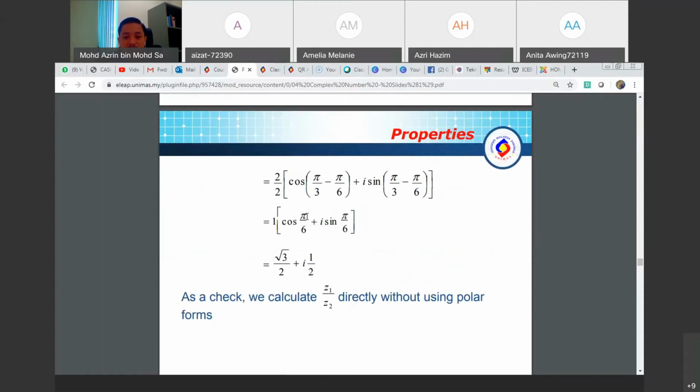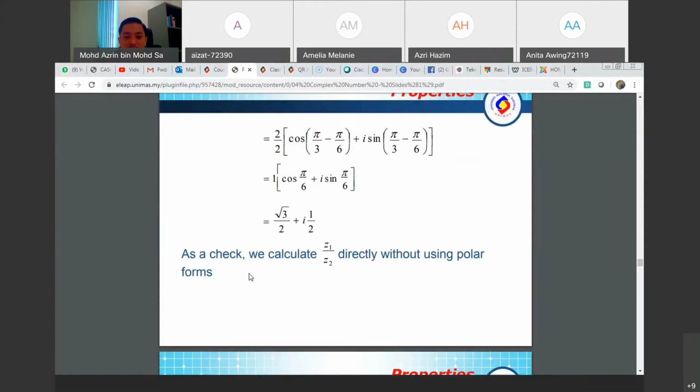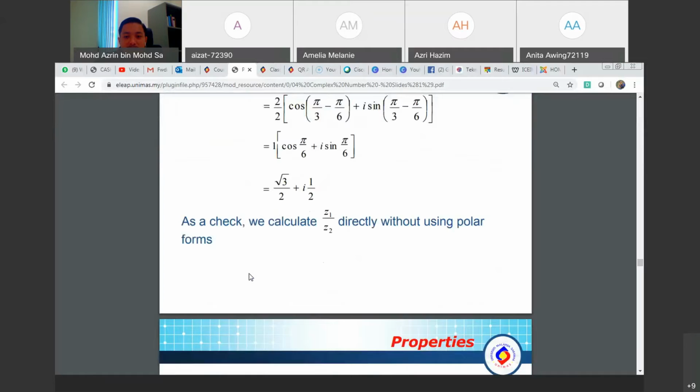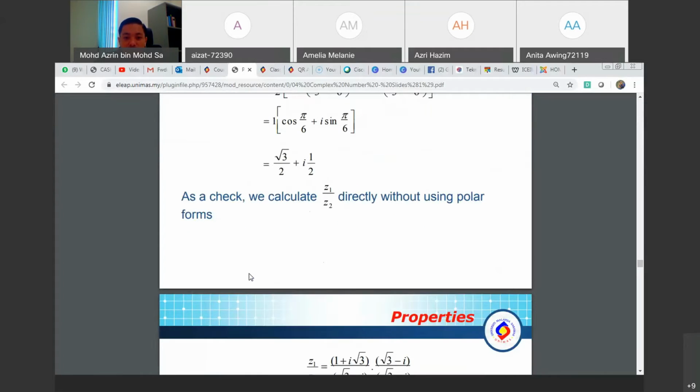Just solve this part, which is you get cos pi over 6, you get square root 3 over 2 plus i 1 over 2. Then you can check by using complex number saja, not using the polar form.